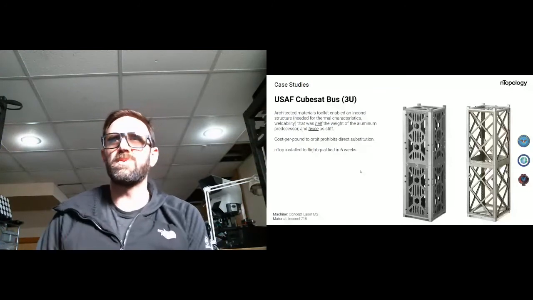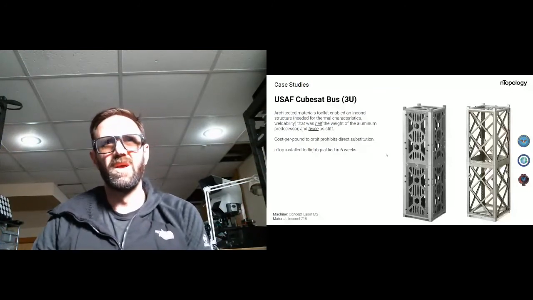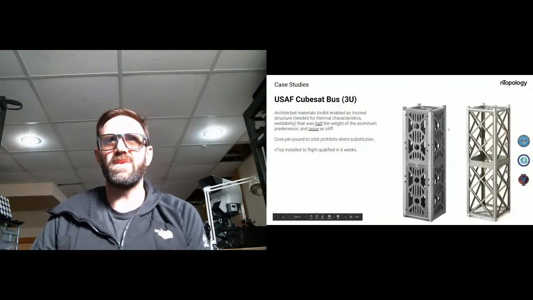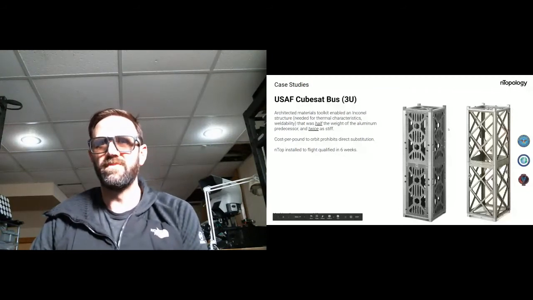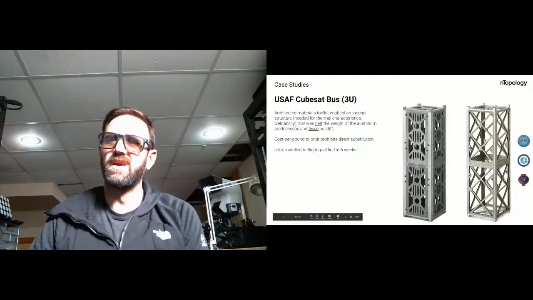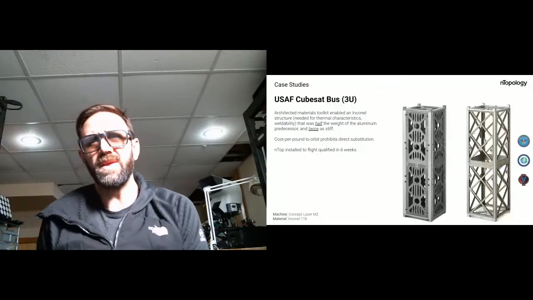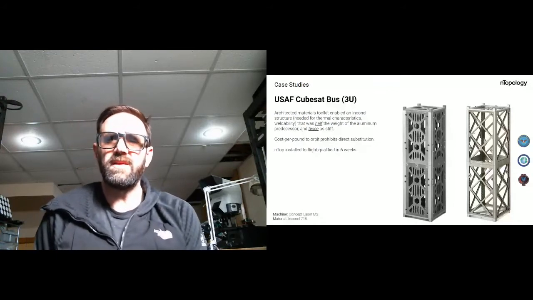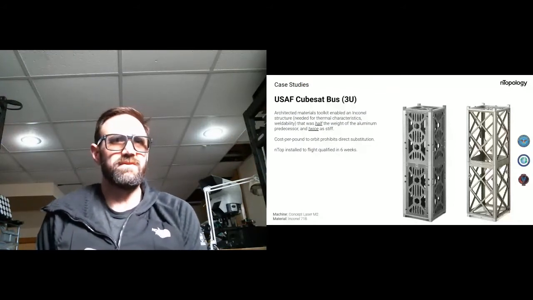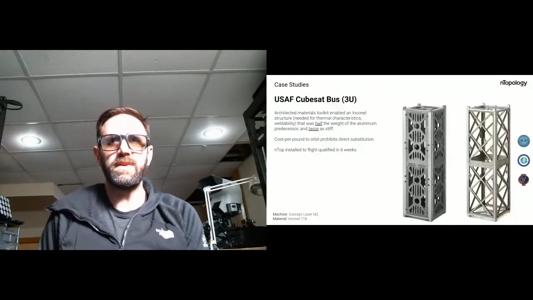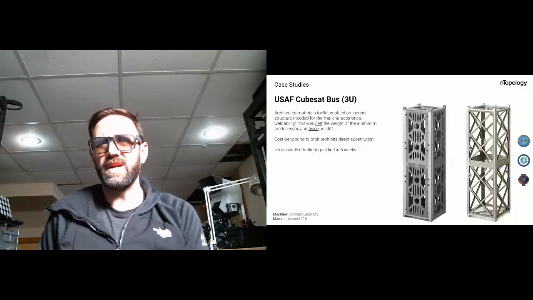So in this case, we were able to make a digitally modular design. On the left, we made an aluminum CubeSat bus, and on the right, we actually used an Inconel material to produce this other CubeSat bus. And the idea was that with Inconel, you can achieve a much finer weld path than you can with aluminum, and therefore, even though you're using a denser material, you're ultimately able to make a lighter weight structure.